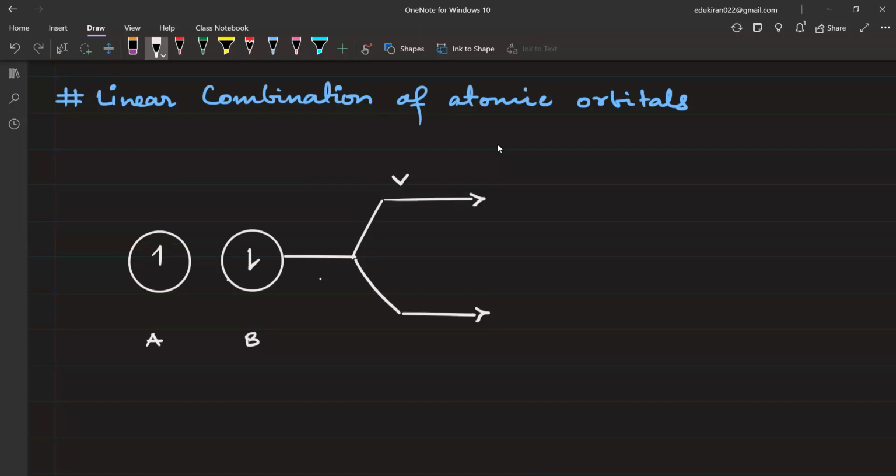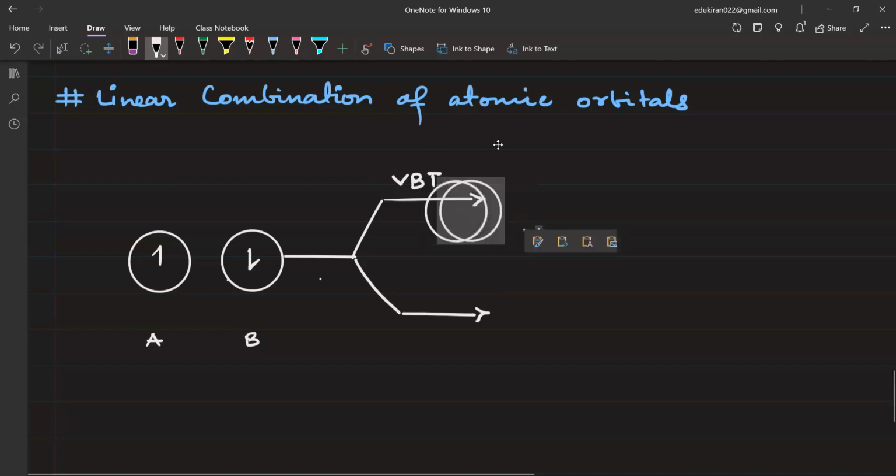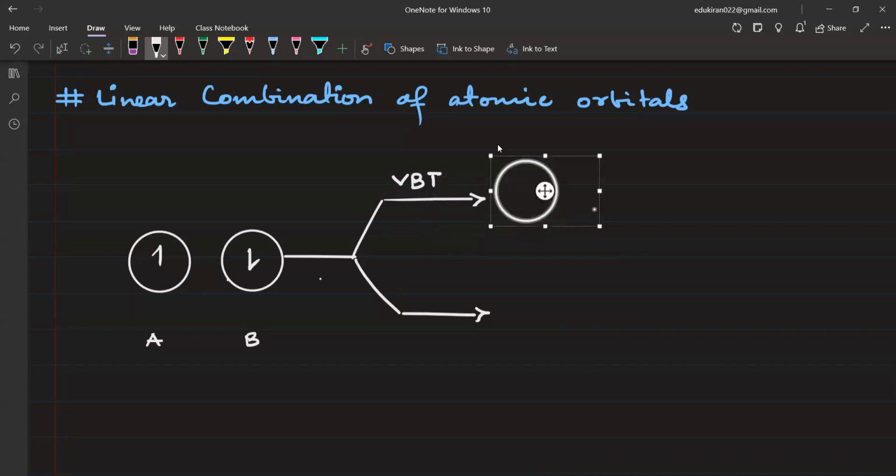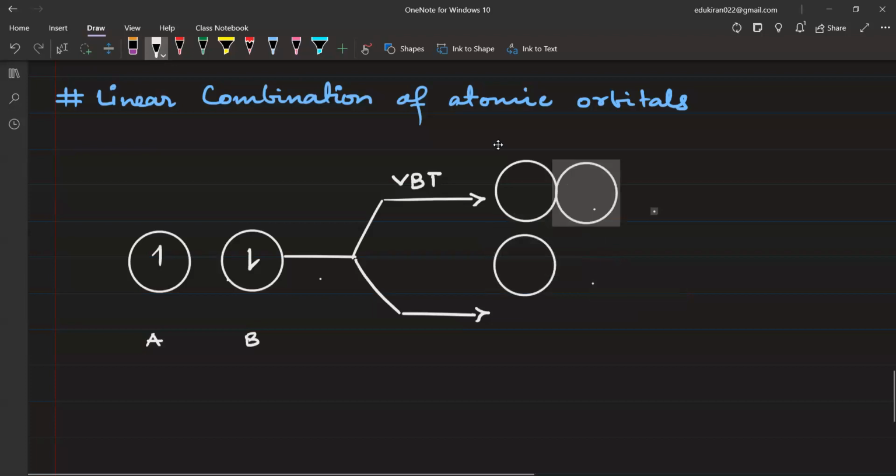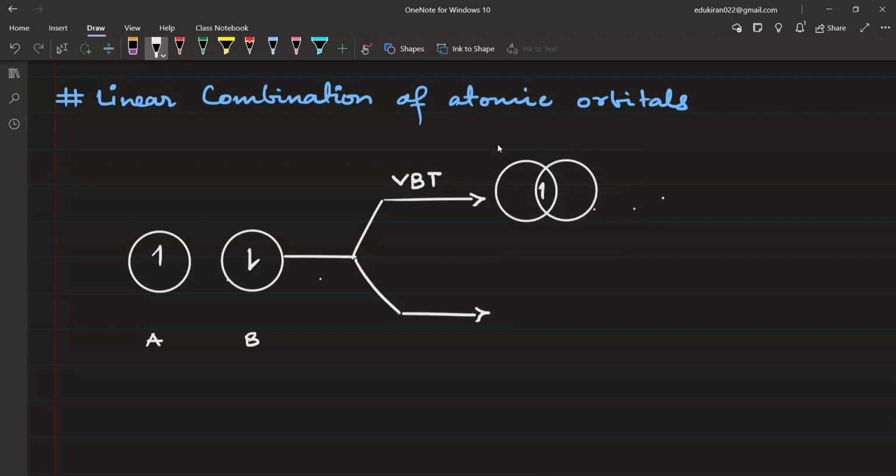If I go through the VBT approach, then I have to do the overlapping of orbitals, where the atomic orbitals overlap and the electrons get paired like this.